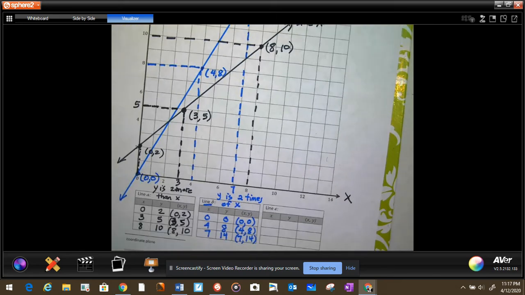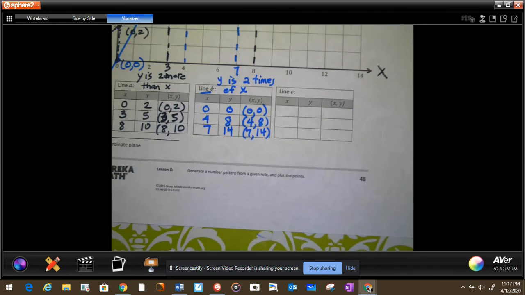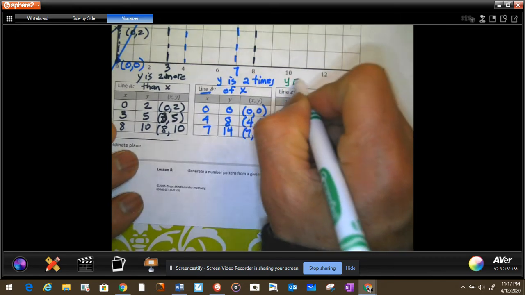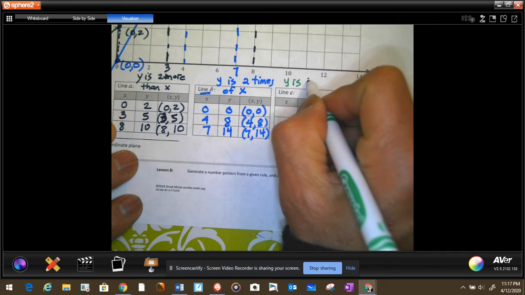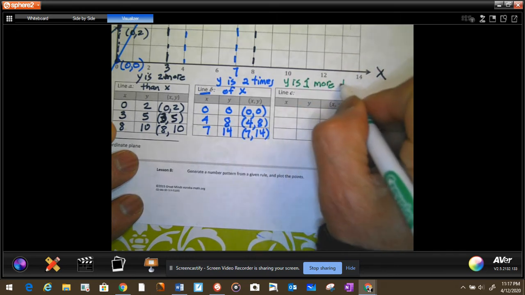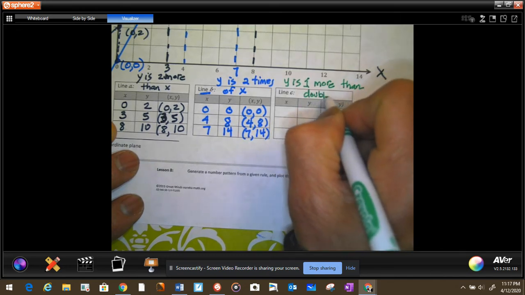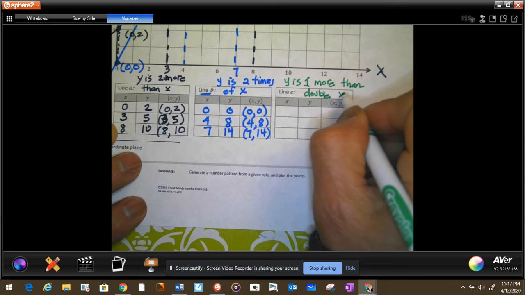All right, let's practice with one more line. Let's create another line by following a pattern. So this pattern is: y is one more than double x.